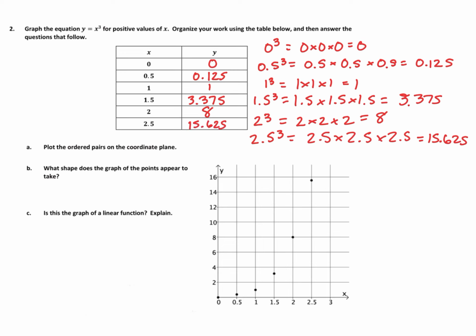Plot the points. 0, 0, 1, 1, 2, 8, and then the ones that are in between. Then it says, what shape do these appear to take? This creates a curve.